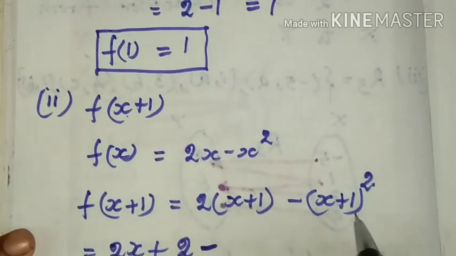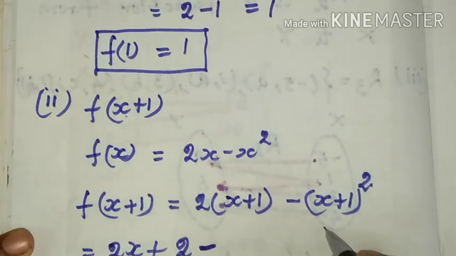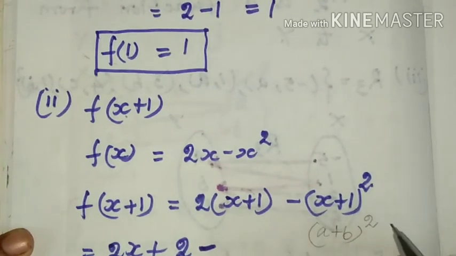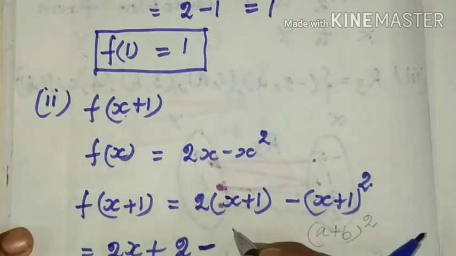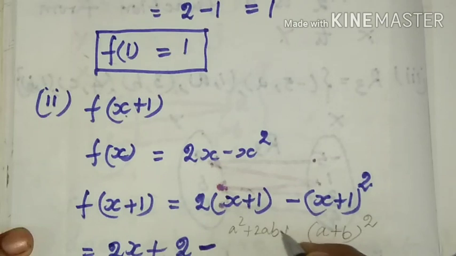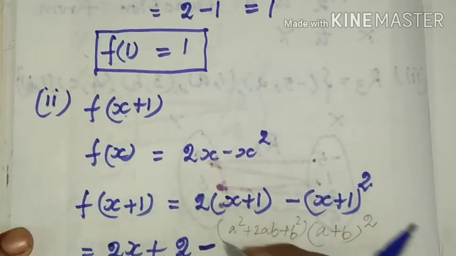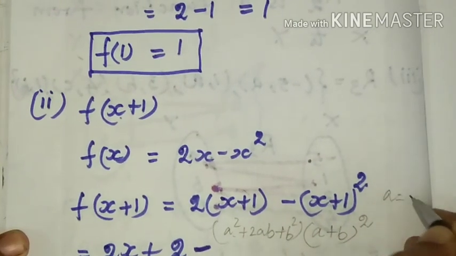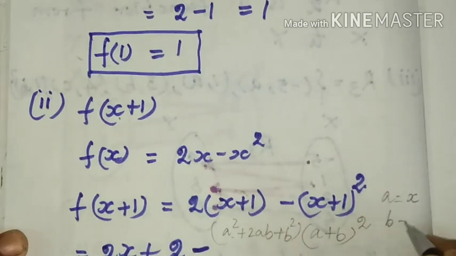Okay, next x plus 1 the whole square, it is in the form of a plus b the whole square, which means a squared plus 2ab plus b squared. So here a is equal to x and b equal to 1.